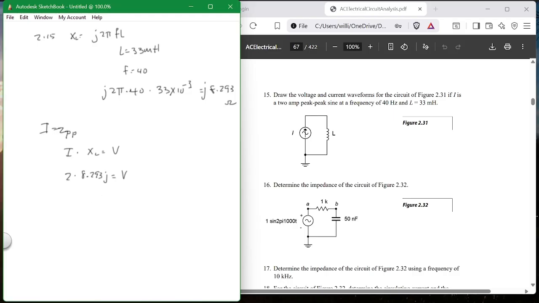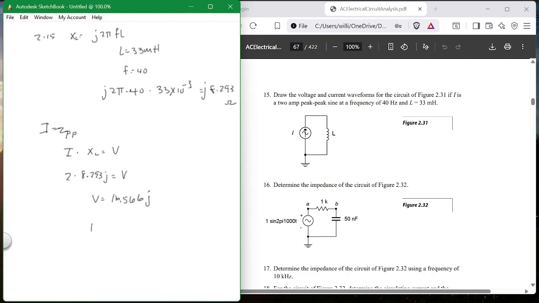2 times 8.293 is 16.566. Now, it's got a J with it, right? J means 90 degrees.